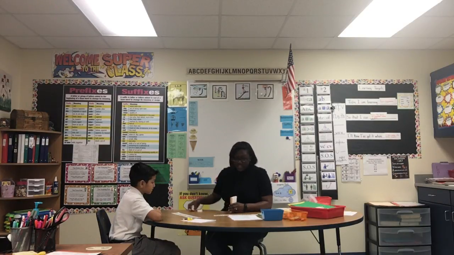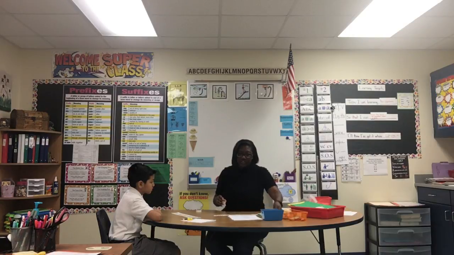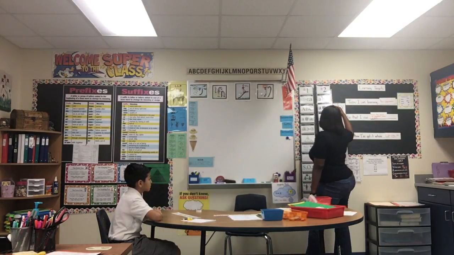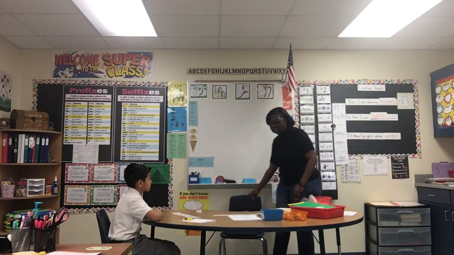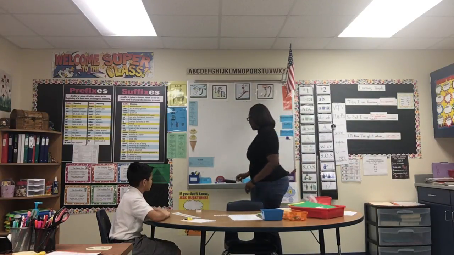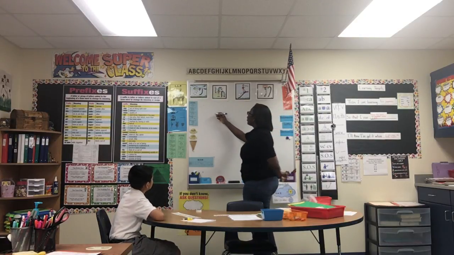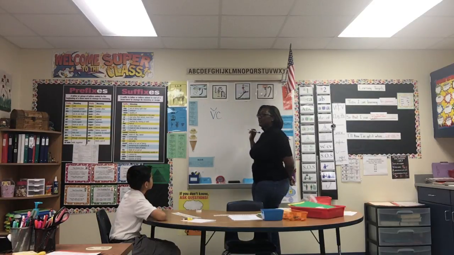Next, we're going to move on to our new learning for today. All right. For our new learning, let's start off with our vowel theme song. A vowel in a closed syllable is short, coded with a breve.